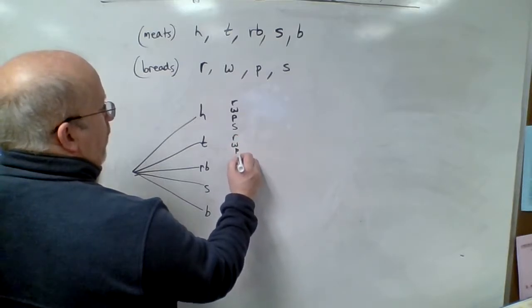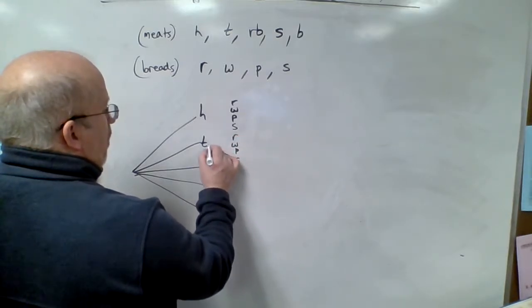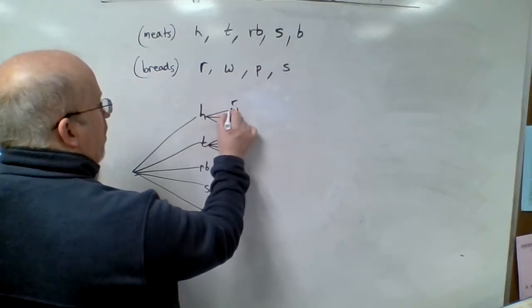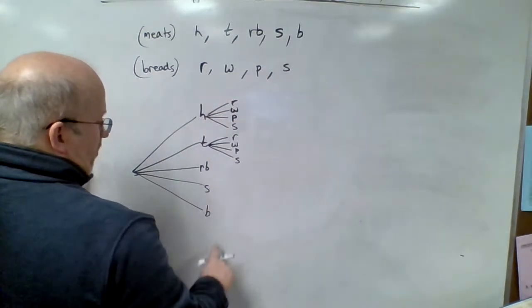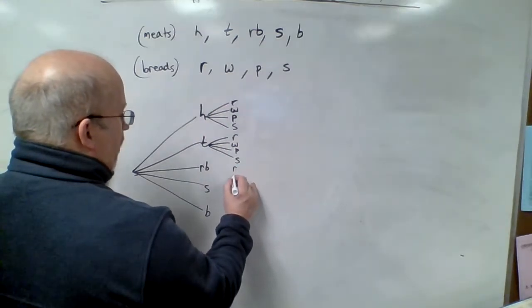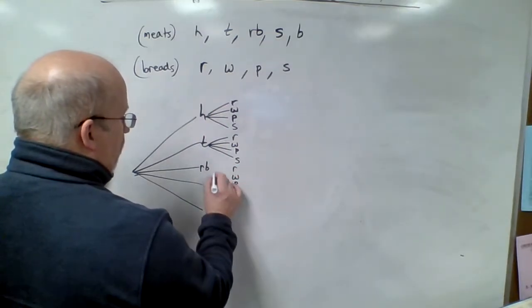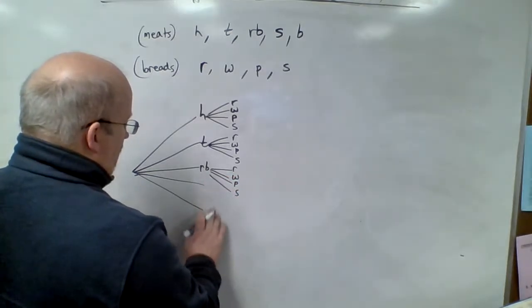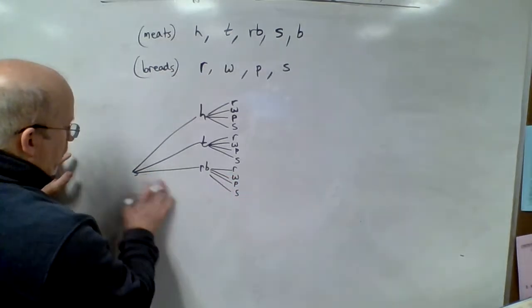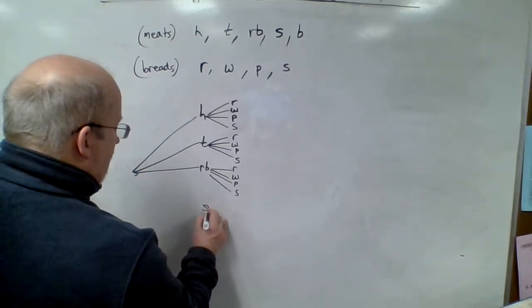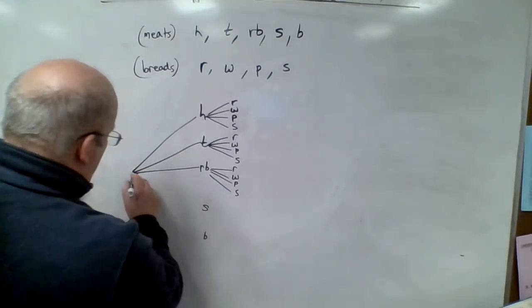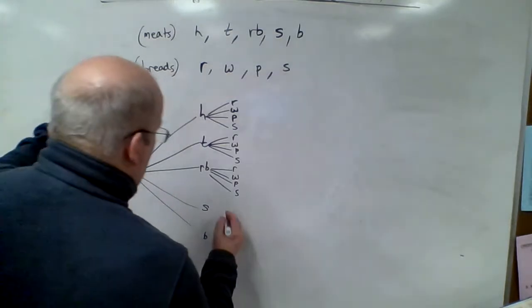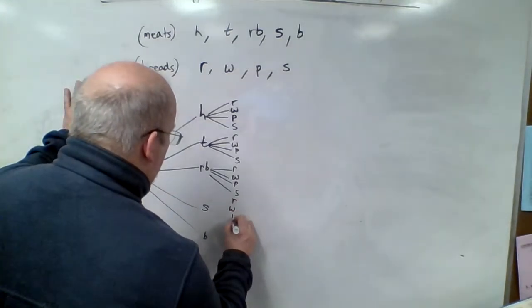Rye, white, pumpernickel, and sourdough. Now you'll notice I'm starting to maybe run out a little room here. I might have to scoot some of these down very quickly. Let's put salami here and bologna here. Is that still fitting on the screen? Looks like it is. So we have enough room.